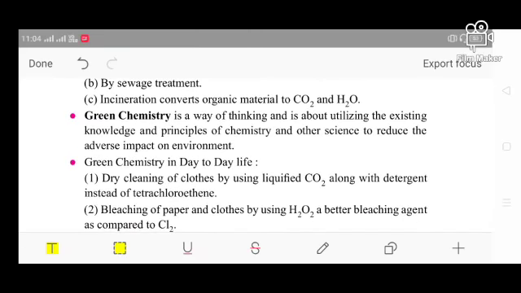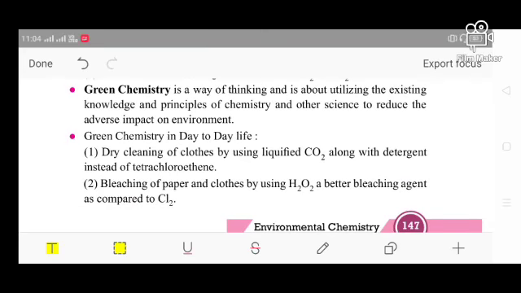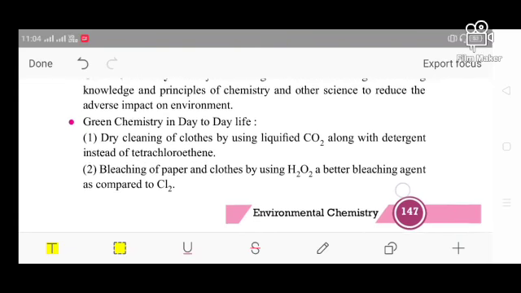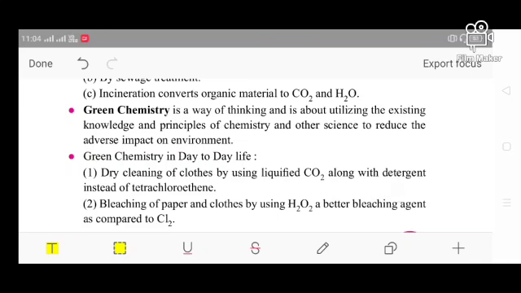Okay, after then, the green chemistry. What is green chemistry? Very, very important thing. It is a way of thinking and is about utilizing the existing knowledge and principles of chemistry and the other sciences to reduce the adverse effect on the environment. So now we are at the age of 2020. Now we have to think about our environment, because our different experiments bring about different adverse effects on the environment.